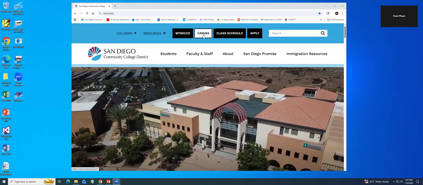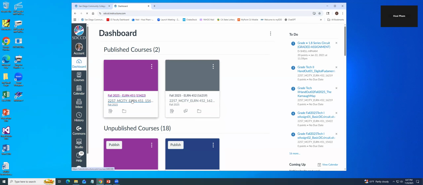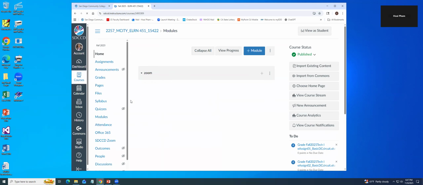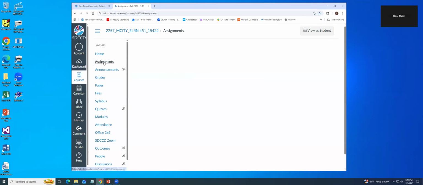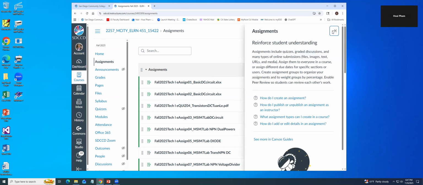You go to Canvas, go to Assignment. You click here. Let's see, I have to log into View as Student.